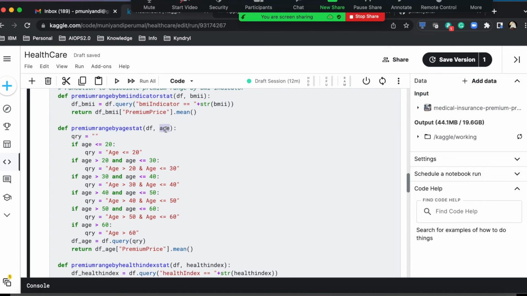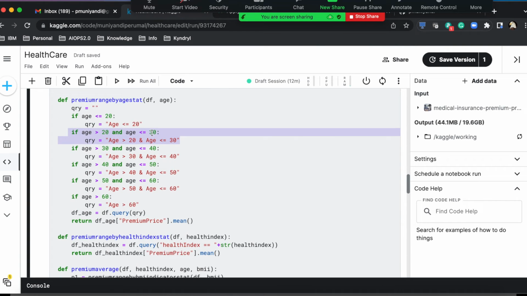Suppose one person's age is in this particular category, people under 20, what is the premium they are paying? The person who has age between 20 to 30, what is the average premium they are paying? So each and every record, the age will come, but that particular age falls into which particular age group. In that age group, what is the average they are paying? So that's what I'm doing here.